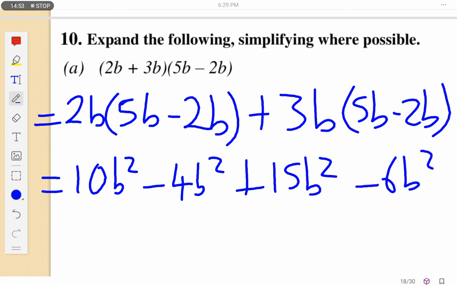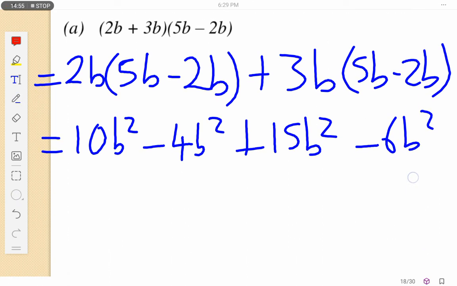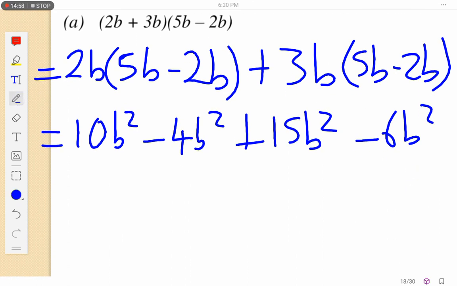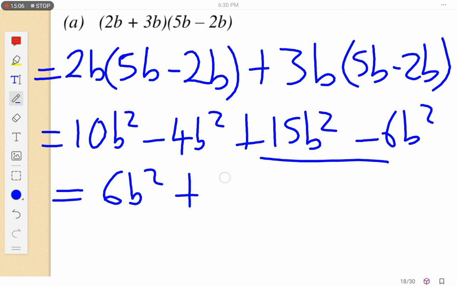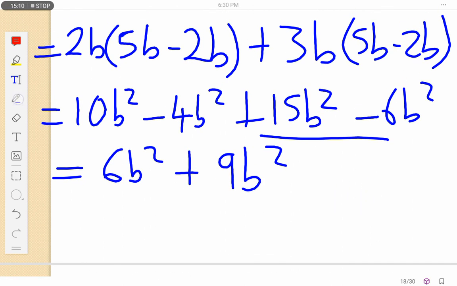Okay, so they are all b squared. We can simplify them. 10b squared minus this one, I'll get here a 6b squared. Then for this one, I can get what? I can get plus 9b squared. Okay, so I now have 6b squared plus 9b squared. I'll get 15b squared. So that's our final answer there.